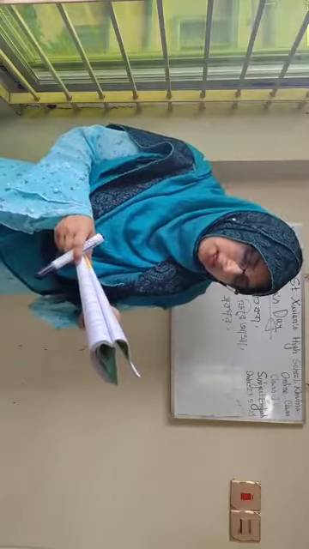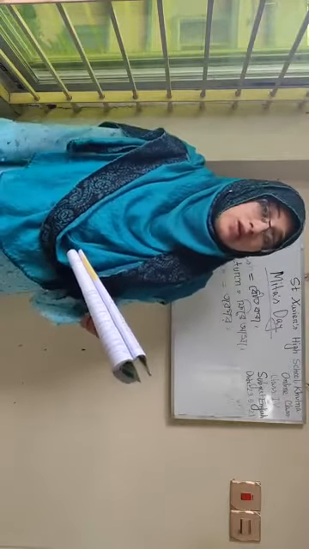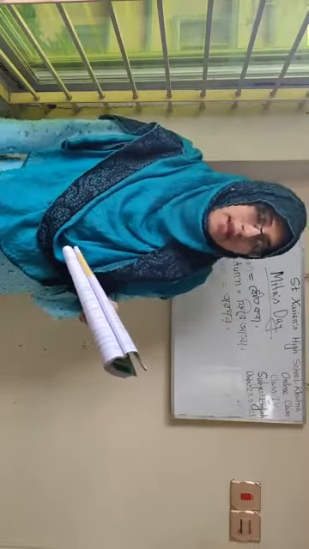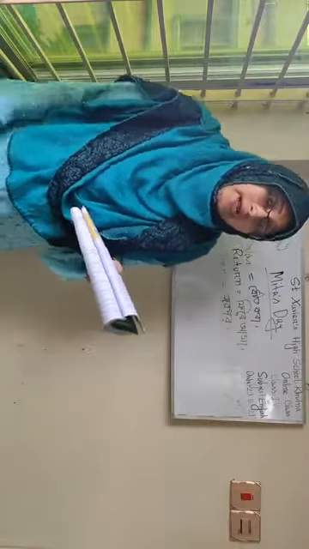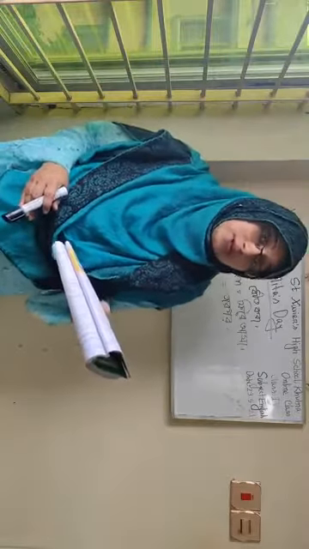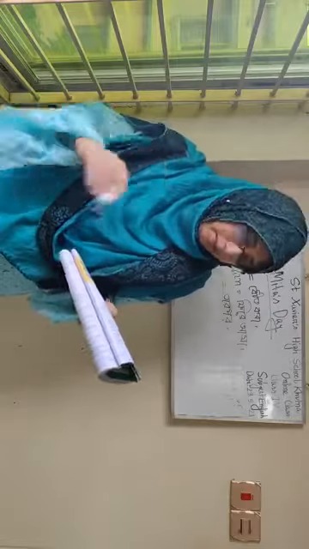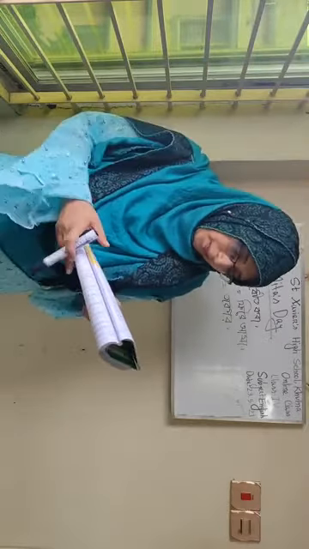Next one, she goes to school at dash. She goes to school at 9 o'clock. Okay, 9 o'clock. And it's morning. So we have to use here 9 AM. She goes to school at 9 AM.